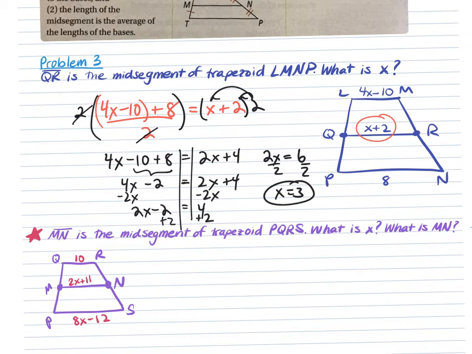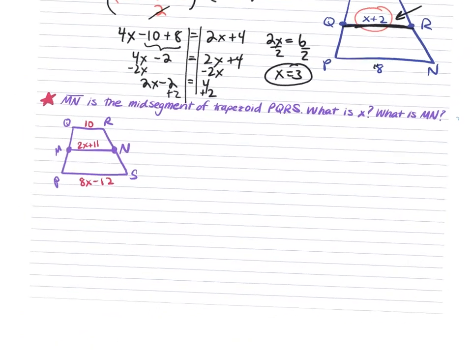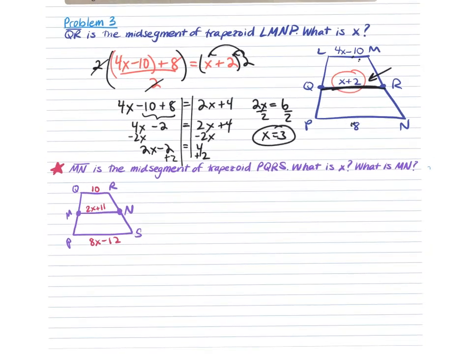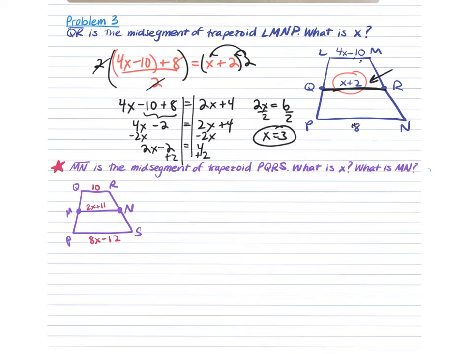Okay, so you need to remember that the midsegment of a trapezoid is going to be the average of the other two bases. So try that in this example here on your own. Press pause and then see if you can figure it out yourself, and then check back for the answer.